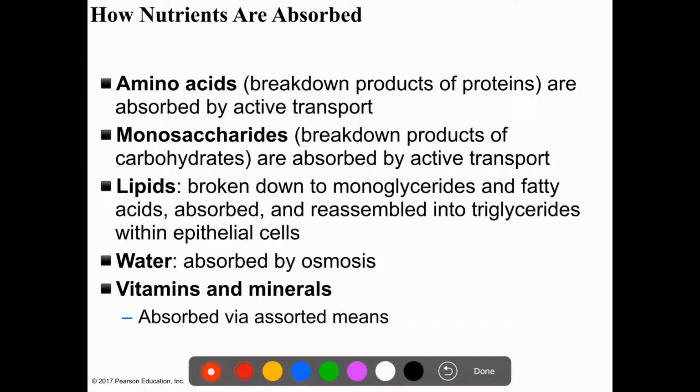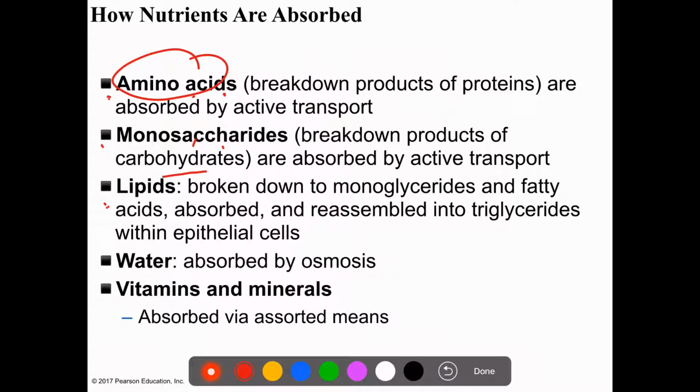Let's see now how some nutrients are absorbed. We talked about 4 major categories, or actually we talked about only 3. There is another 4th one. 3 major categories of nutrients: amino acids and monosaccharides, both are being absorbed the same way, which is breaking down the products of proteins into amino acids, then absorbing these amino acids.